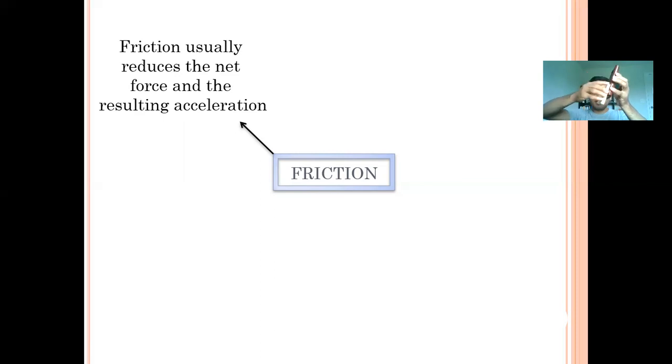The object is sliding, and some force will always oppose the direction of motion. Suppose this is moving in this direction, the force will apply in the opposite direction. That is frictional force. So frictional force will always be opposite to the direction of motion of an object. That is friction. Okay.